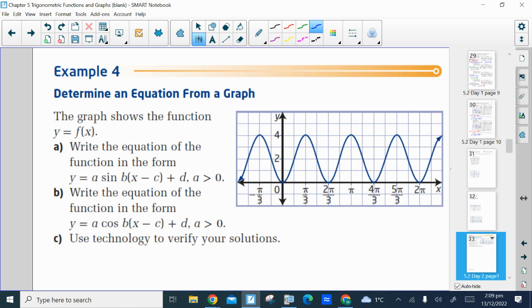All right, so continuing to look at graphs of trig functions. We'll look at some questions today on when you're given the graph, what is the equation?